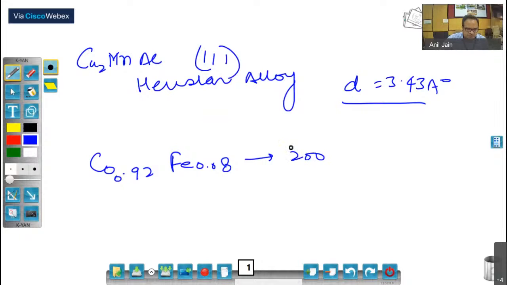And for the 200 reflection of this single crystal, which is given by d equal to 1.76 angstrom, your nuclear coherent scattering length becomes equal to the magnetic scattering length, and this provides an ideal opportunity to get the polarized neutron beams.